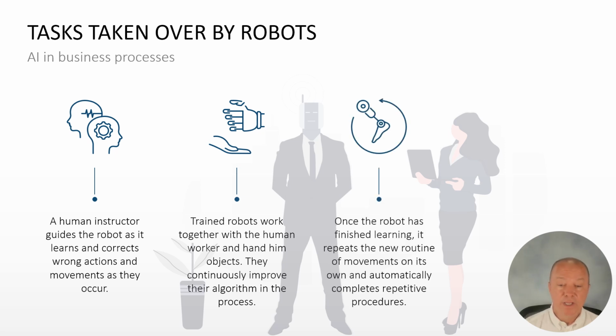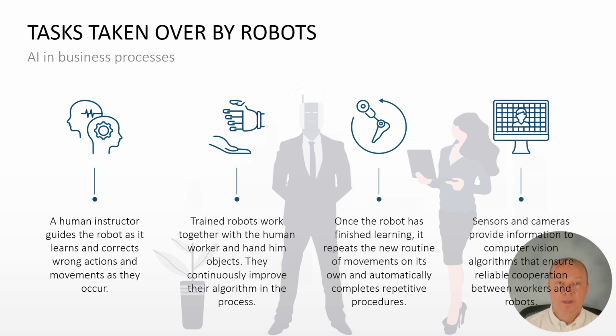Once a robot has finished learning, it could then repeat the new routine of movements on its own and automatically complete repetitive procedures. And sensors and cameras can also provide information to computer vision algorithms that ensure reliable cooperation between workers and robots. I'm just hoping that we'll get better at it in the restaurants that we see using robots to serve tables.